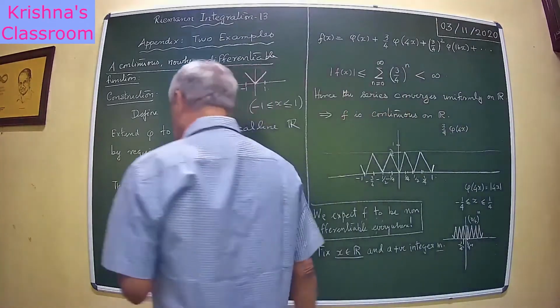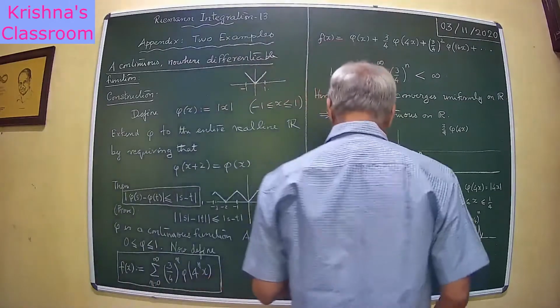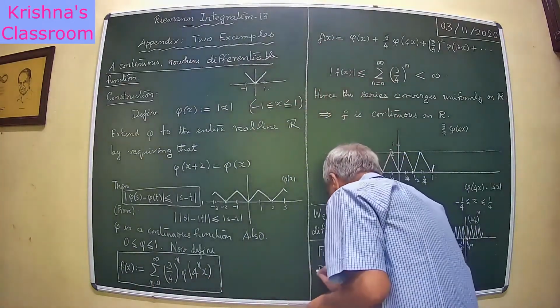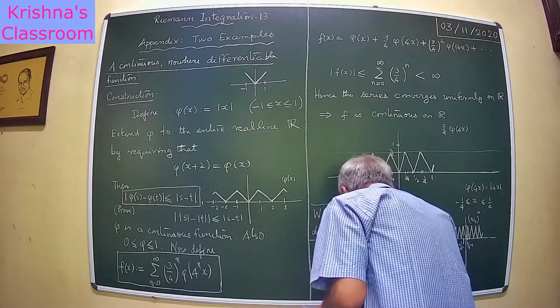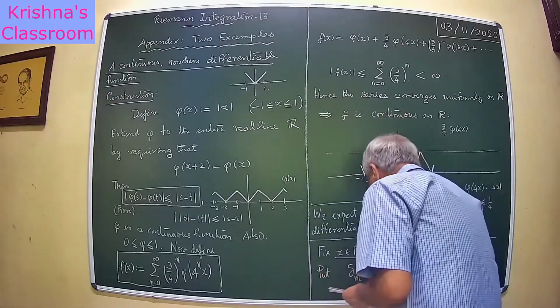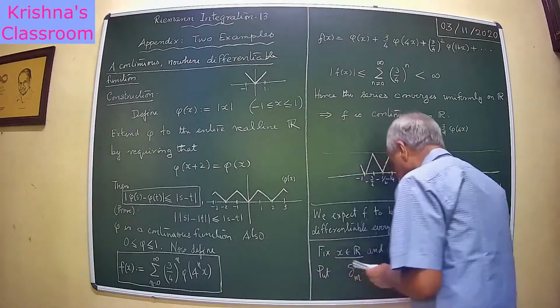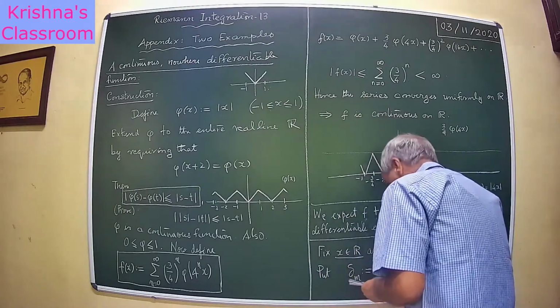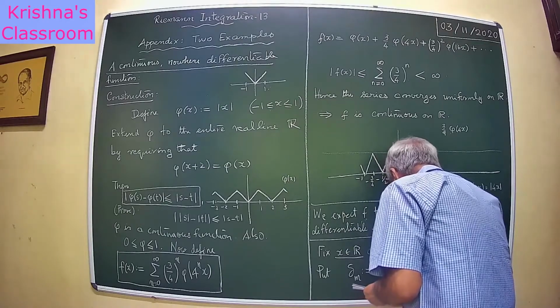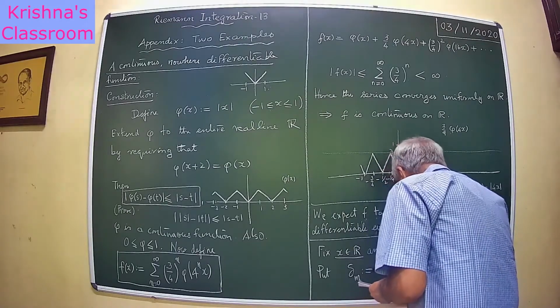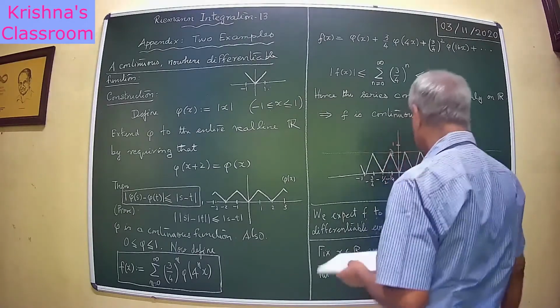So we choose a number, put some notation, delta m, as plus or minus 1 by 2 times this.